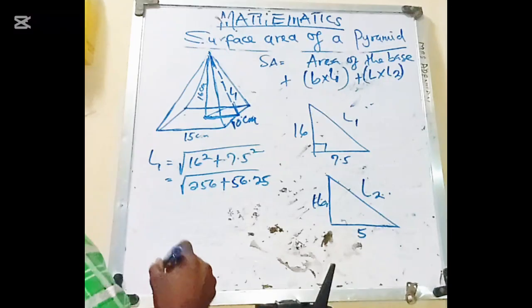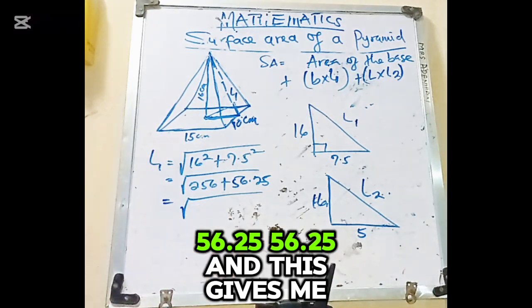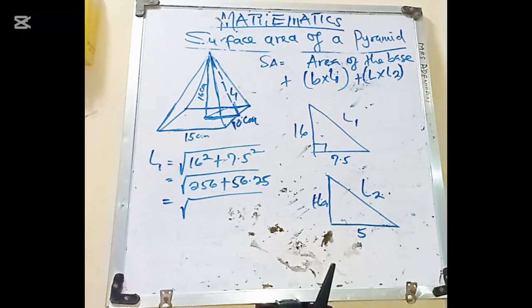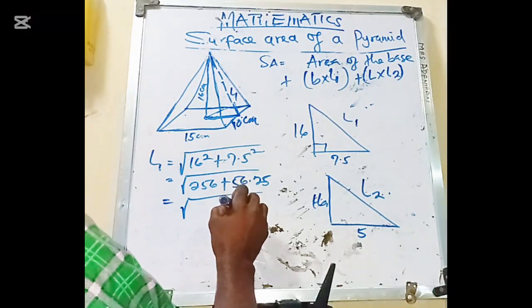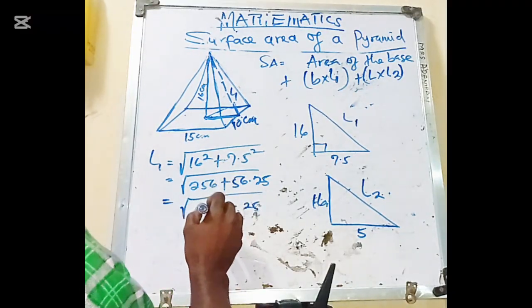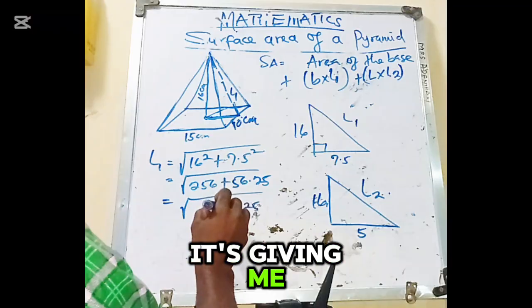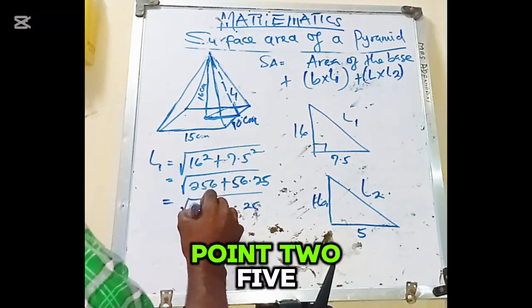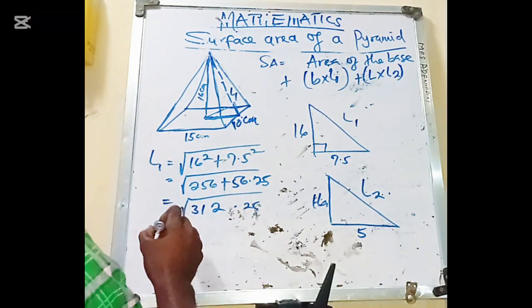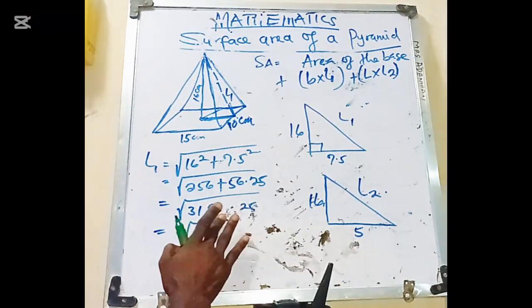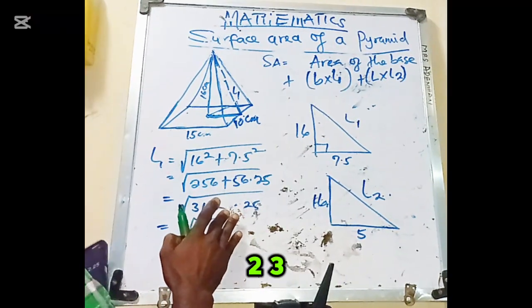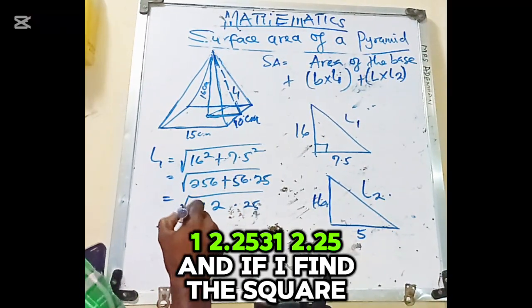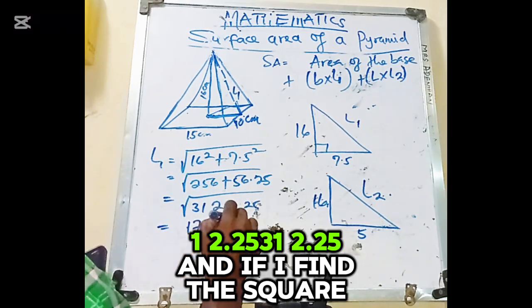This gives me 312.25. And if I find the square root, that's 17.67.